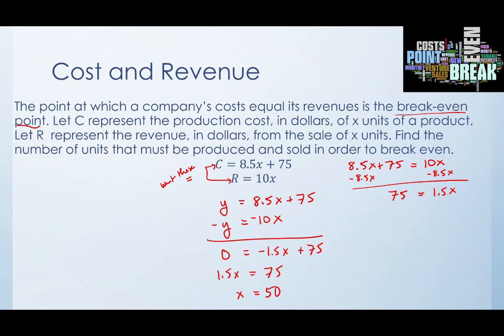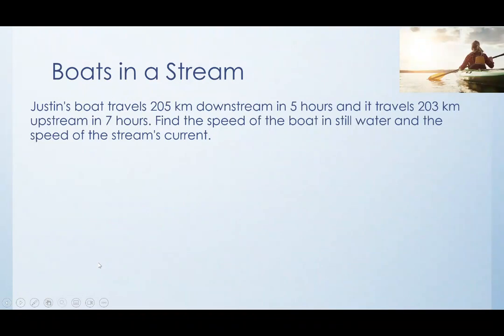Okay. Since that one was short, we'll do a 2-in-1, and we'll do our last example, which is everybody's favorite, boats in a stream. Justin's boat here travels 208 kilometers downstream in 5 hours, and it travels 203 kilometers upstream in 7 hours.